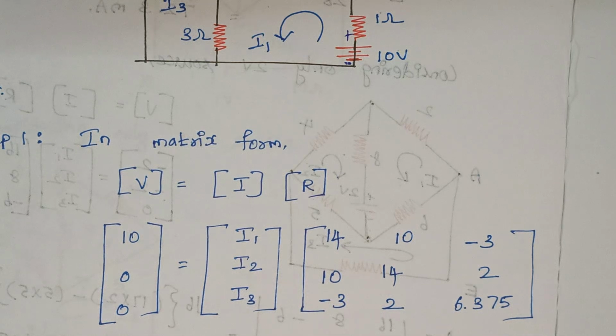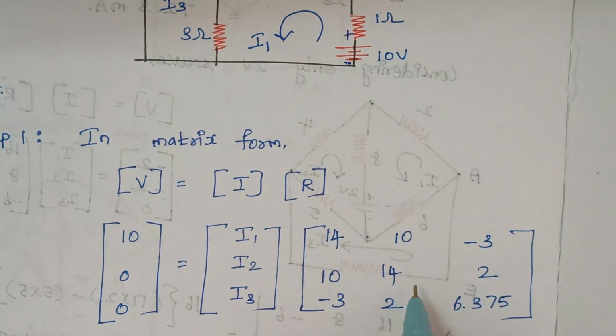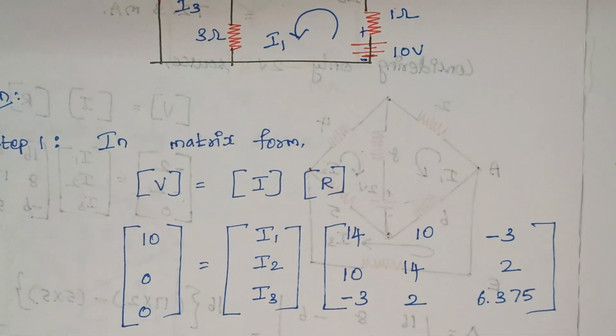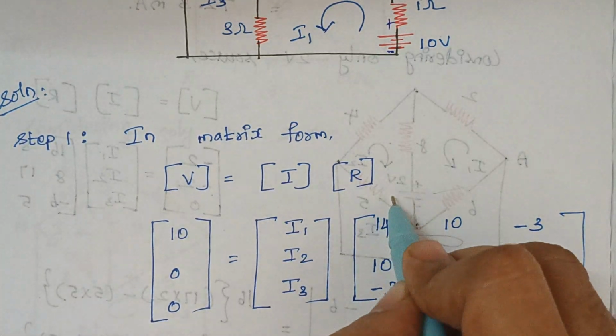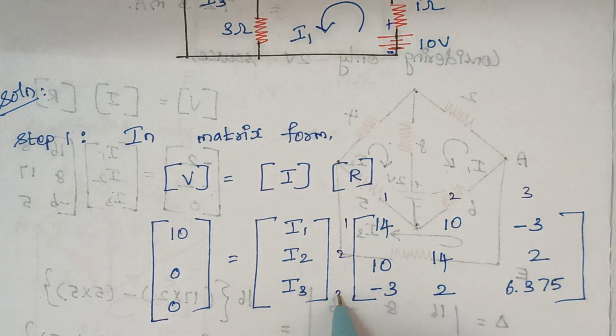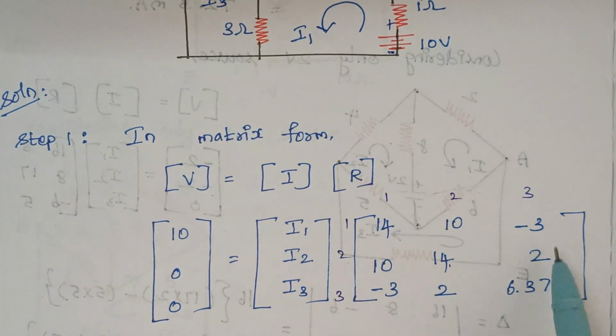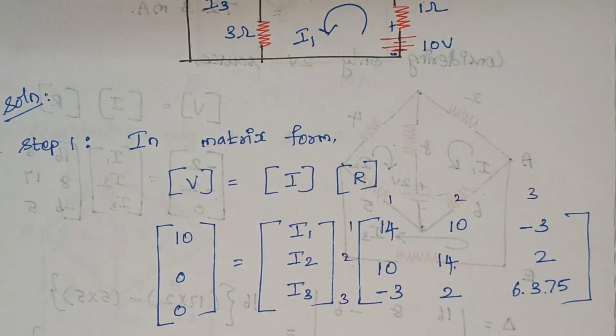The sum of the resistances present in that particular loop. Since we have 3 loops, we are framing a 3 by 3 matrix. To make it clearer, write the names 1, 2, 3. For 1,1, 2,2 and 3,3, we add the resistances present in that particular loop.